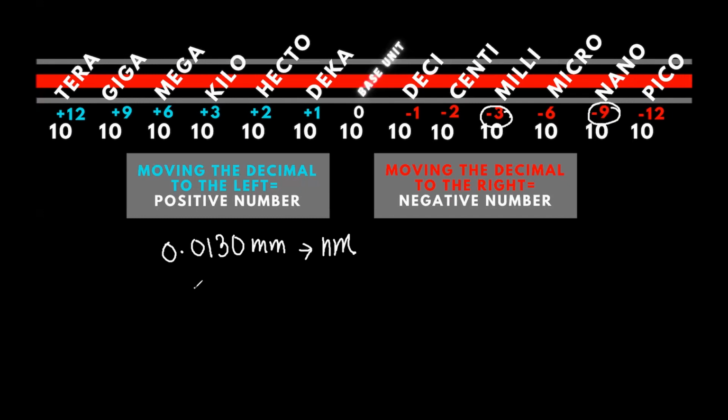So again, we have -3 plus what is going to equal -9. So you're just going to go ahead and again solve for x, and x equals -6. So this tells me that I have to move the decimal 6 times to the right. Okay, negative number again to the right.